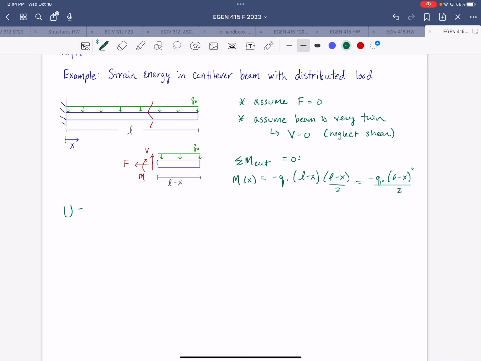So we'll then evaluate the strain energy, capital U. That's going to be the integral from 0 to L, right?